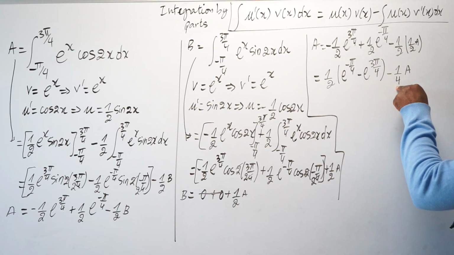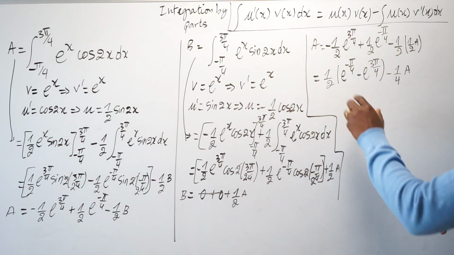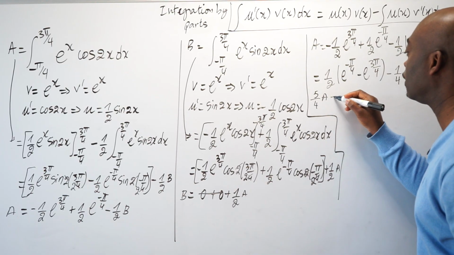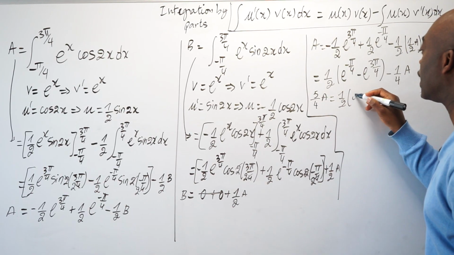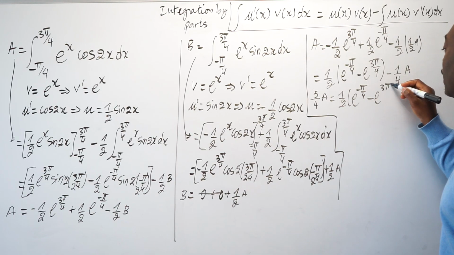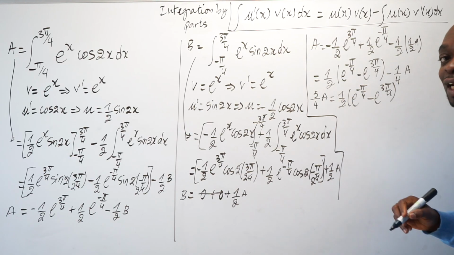Now, negative a quarter of a has to be combined with a, 1a. That will give us 5 over 4a equals 1 over 2 exponential negative pi over 4 minus exponential 3 pi over 4. All right? And then we can just work this one out here.